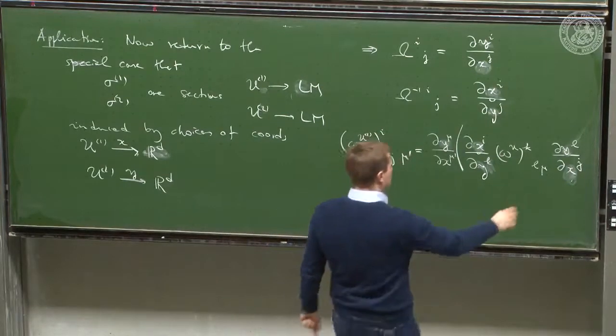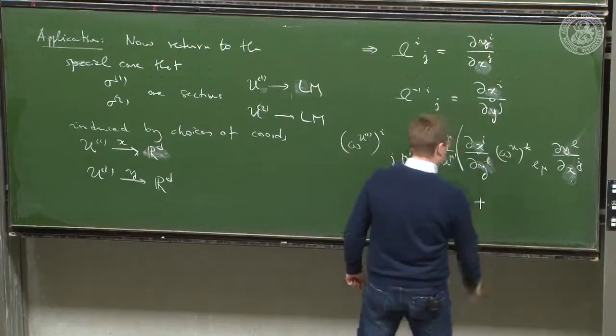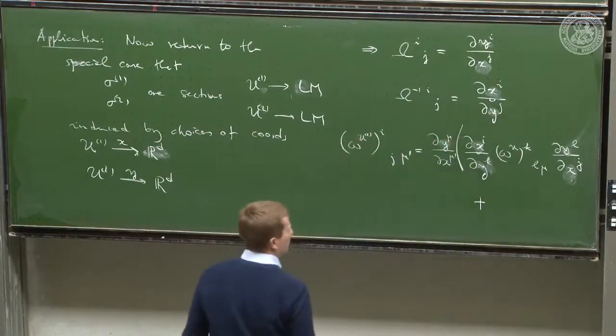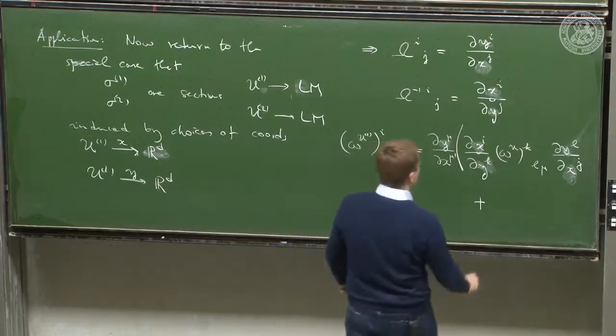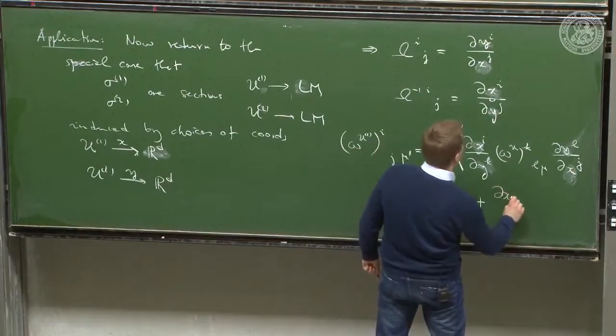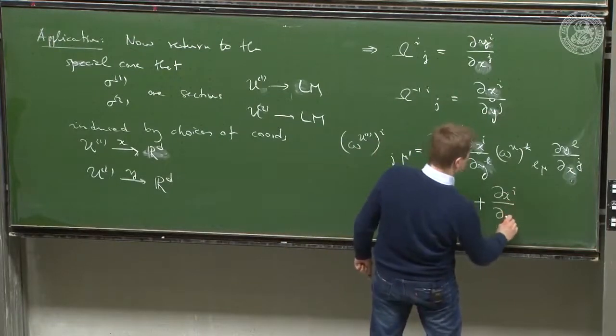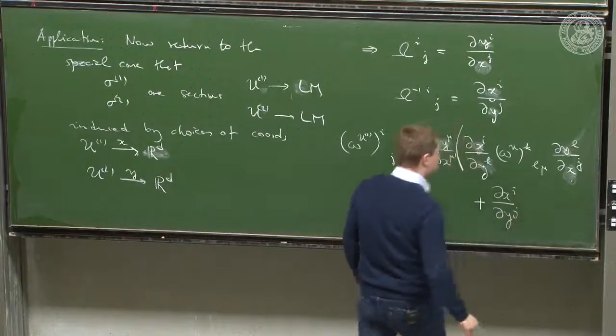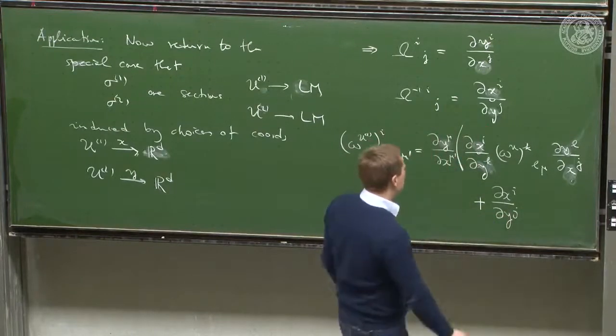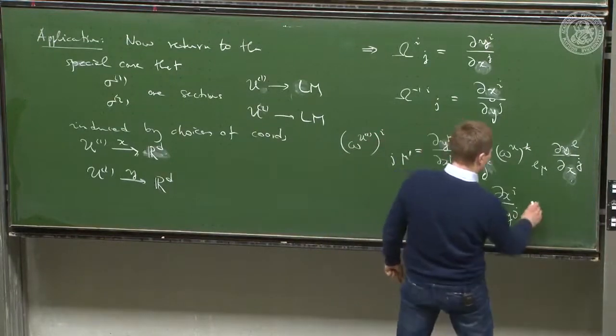So that's this part, but then comes plus this part over there. That's the omega inverse. This is d by dx^i by dy^j. And now here comes another del mu. So there is now a second derivative.